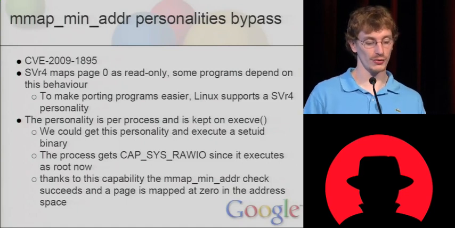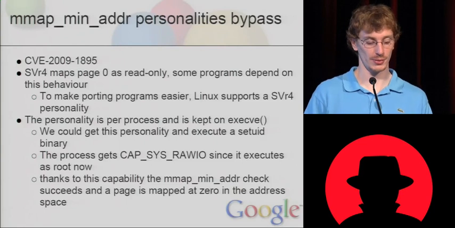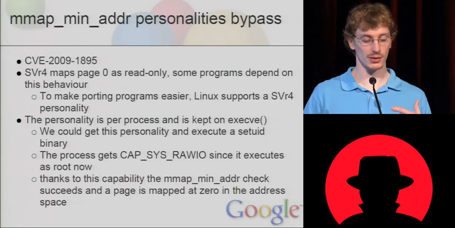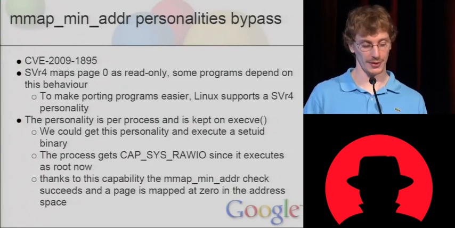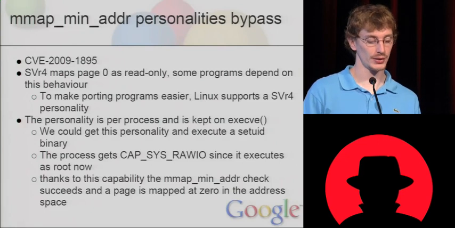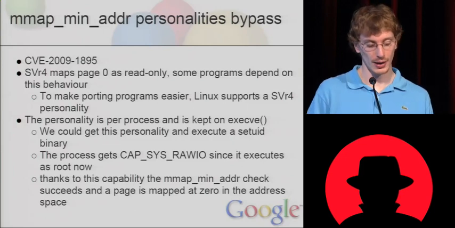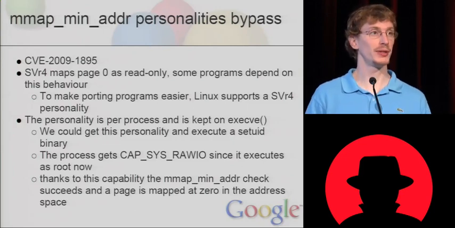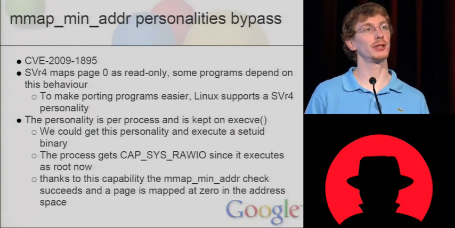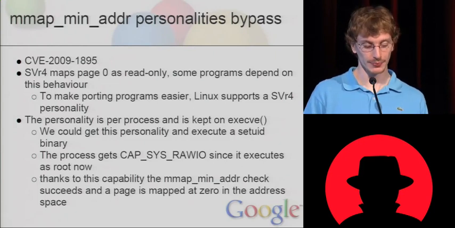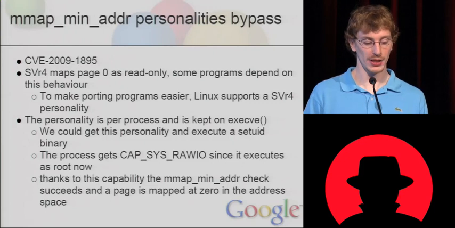So the funny thing is, we could get this personality and just choose to execute a setuid binary. Since this is a setuid binary, it automatically gets the CAP_SYS_RAWIO capability, since it executes as root. And thanks to this capability, the mmap_min_addr check is bypassed, and a page is mapped at 0 in the address space.